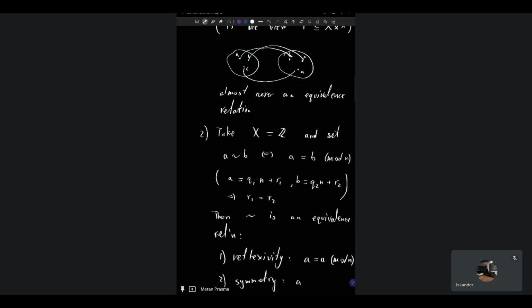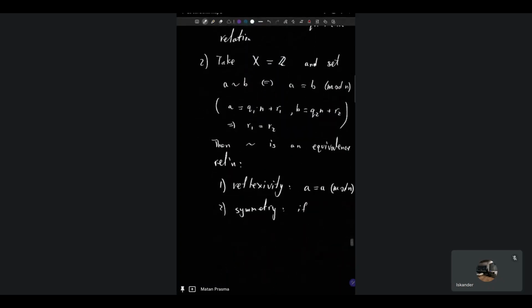If A is equal to B modulo N, then immediately B is equal to A modulo N. And transitivity is also easy.